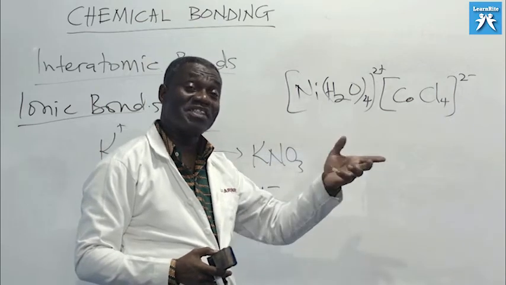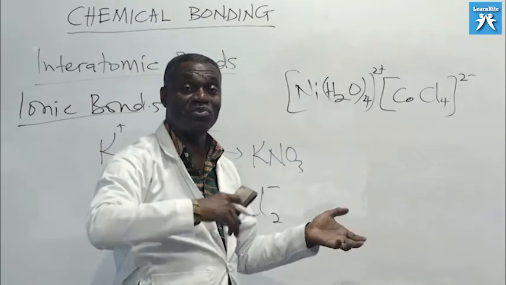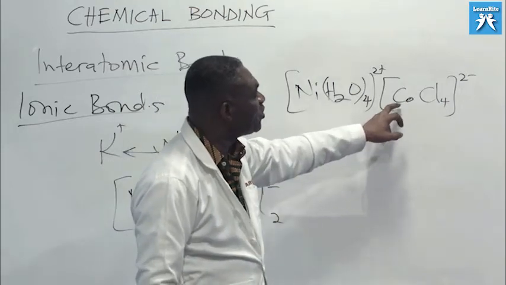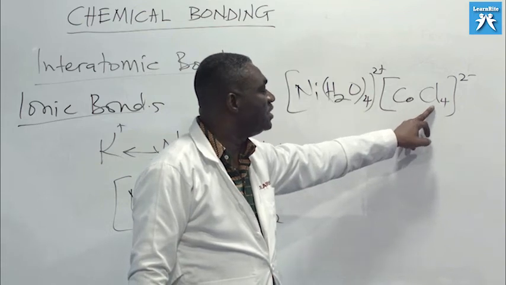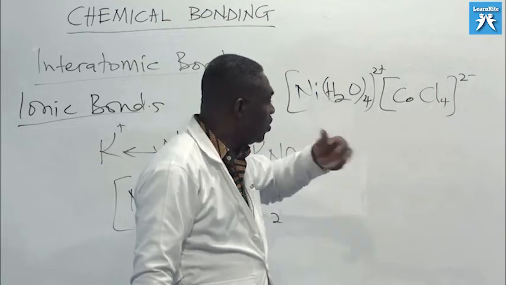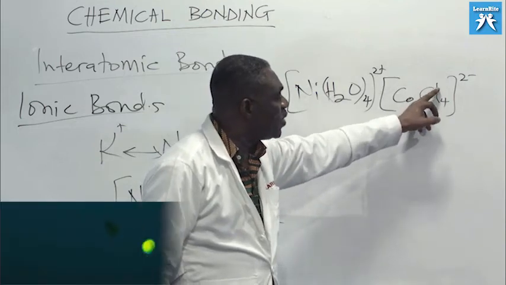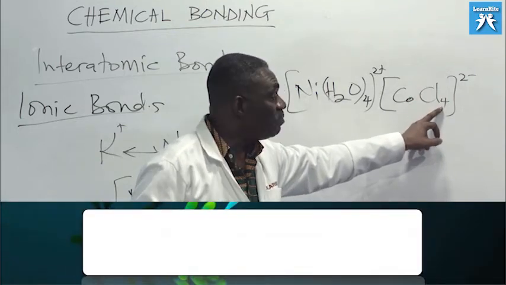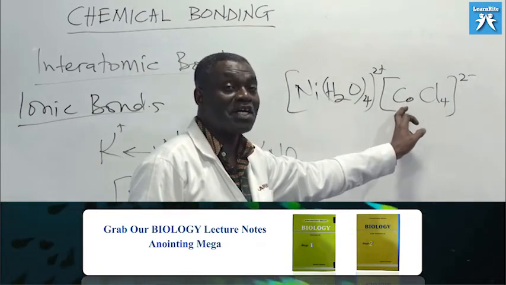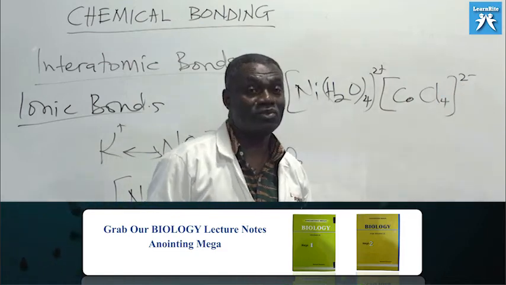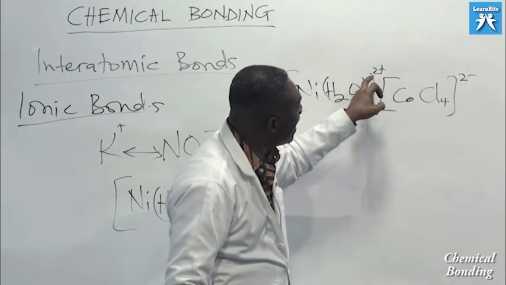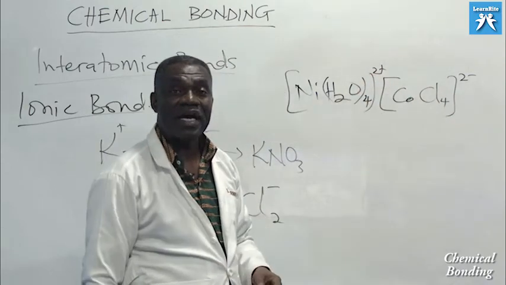Here I'm making use of transition metals because they are flexible in losing electrons and gaining electrons. So here cobalt actually is +4. This is -1 each. Cobalt exhibits various oxidation states. So this is -1 times 4 will give me -4. This is just between +2 oxidation states. So the -4 here will cancel the +2 of this. I get a net of -2, and this -2 is combining with this. So this tells me that this is an ionic bond.